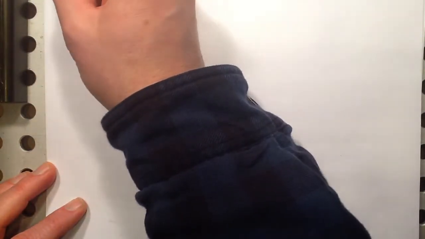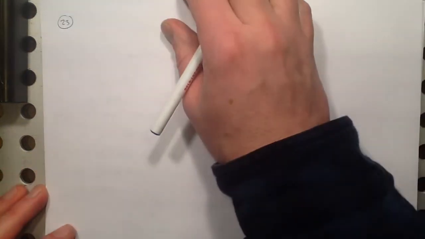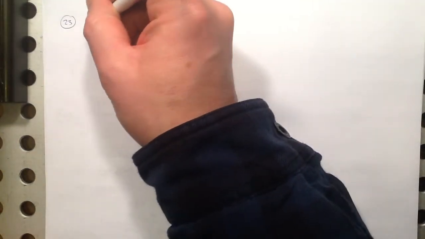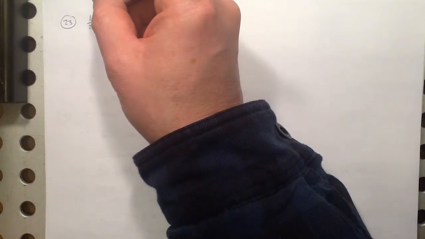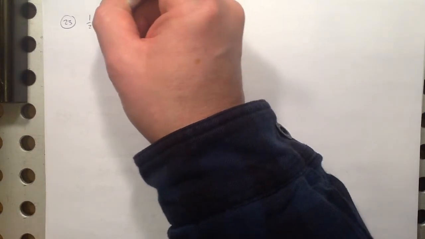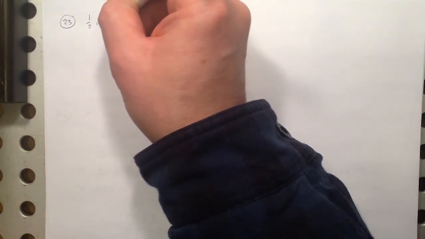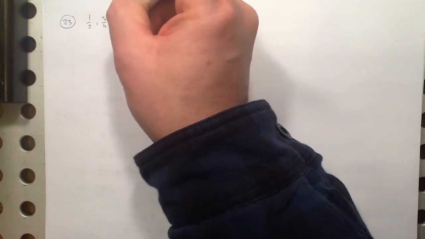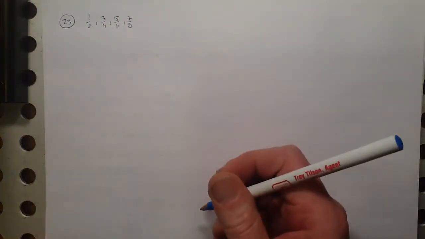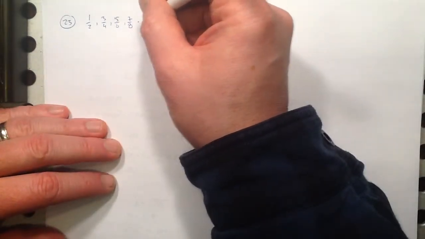Number 23. Here, they're giving us the first few terms, and so going the other way, they want us to write the little curly bracket thing, the general term. And this is good practice for how to figure out how to write these patterns.